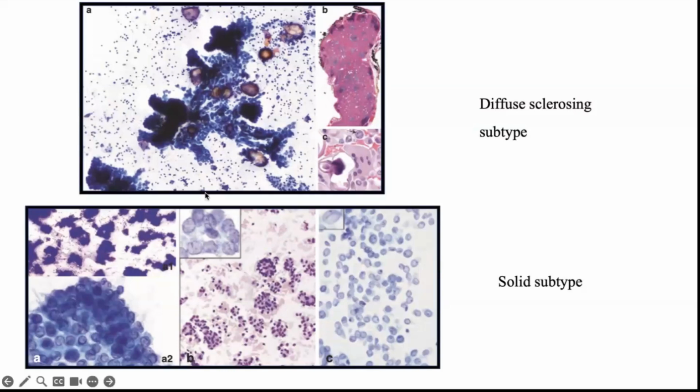The next variety is the solid subtype. The reason for keeping these two on the same slide is that both these subtypes are common in children. Solid subtype is more commonly present in children than diffuse sclerosing type, and both are related to radiation exposure. Solid subtype is more commonly associated with radiation exposure.